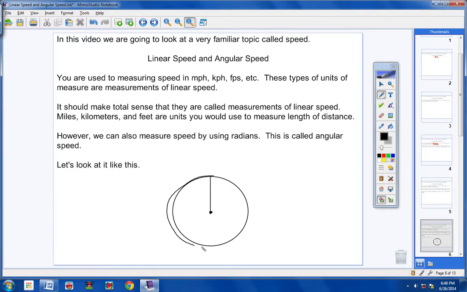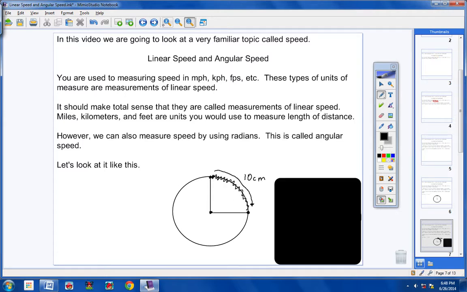Go ahead and draw a circle, and we're going to call this a clock. Make note of this: it's a clock, and we're going to call this the second hand here. Go ahead and copy this in your notes, please. Let's pretend that this second hand started here, and then it moved down like a normal second hand would, and let's say the clock for some reason just stopped right here.